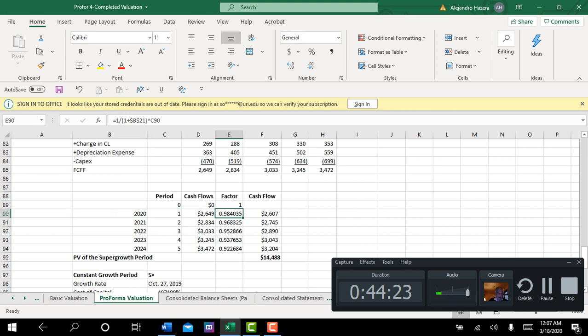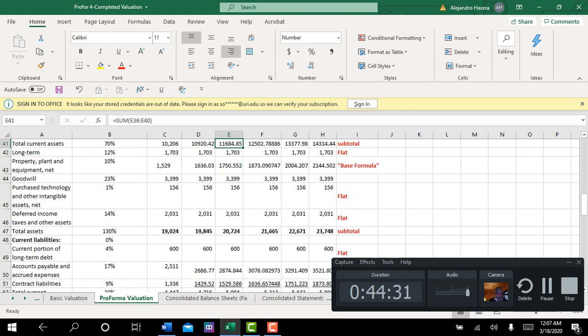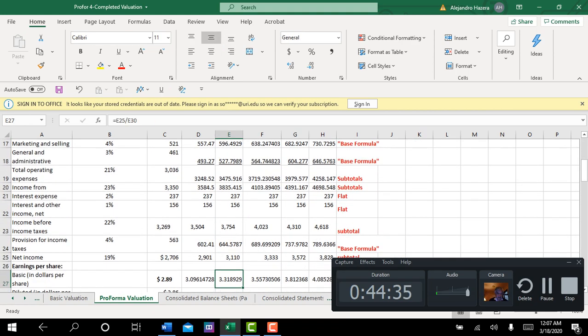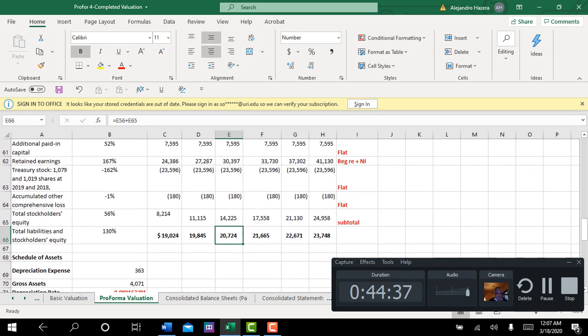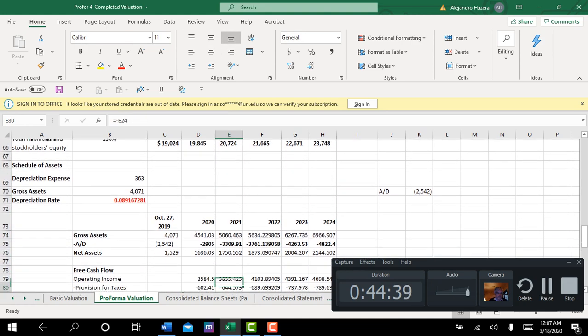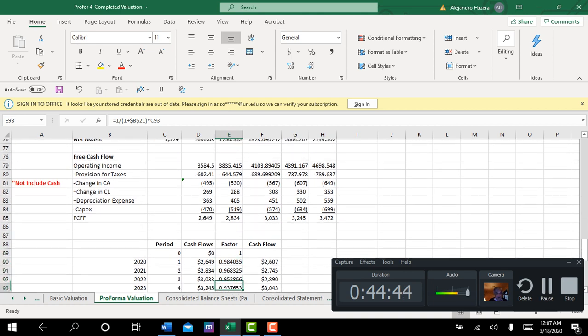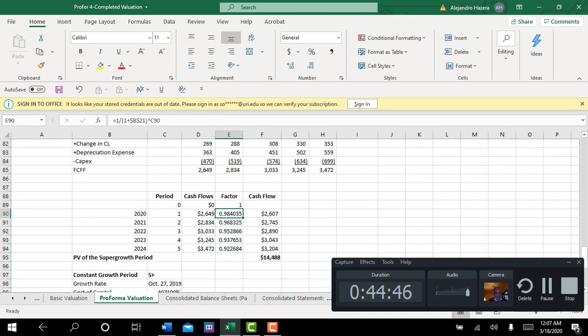Okay, and just by doing that, we're still using the same factors. I want to see something here. B21. Okay, we're still using a factor of 0.04.